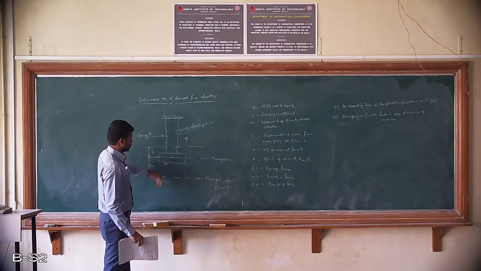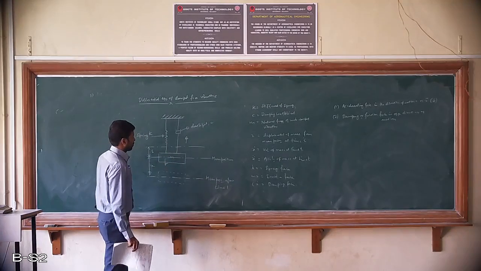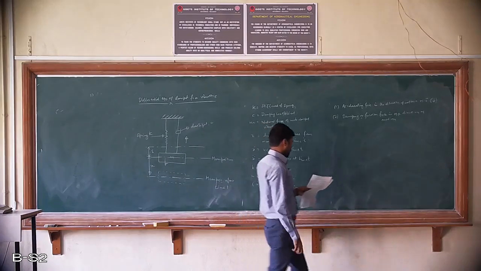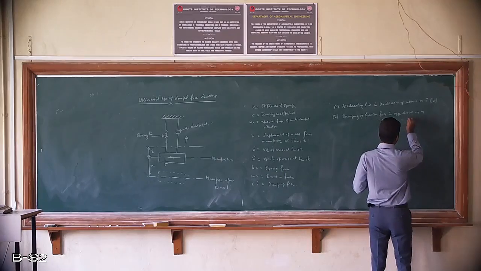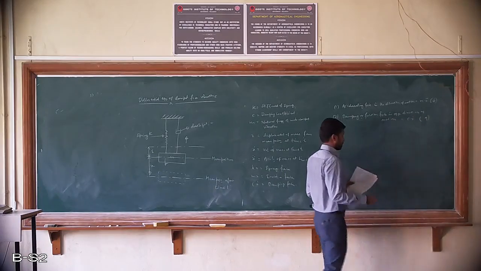When this mass moves in the downward direction, there will be a resistance, or a damping or friction force, which will be in the opposite direction of the motion, and it is given by c into x dot, and it is in the upward direction.